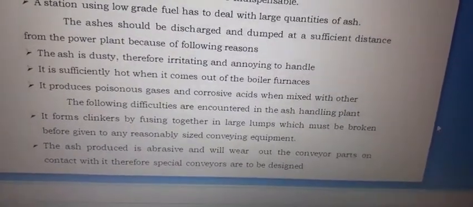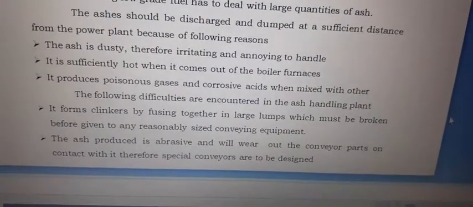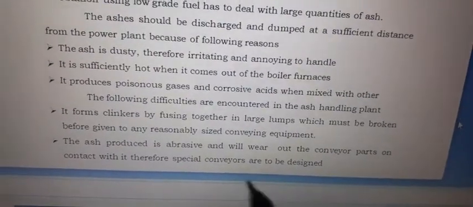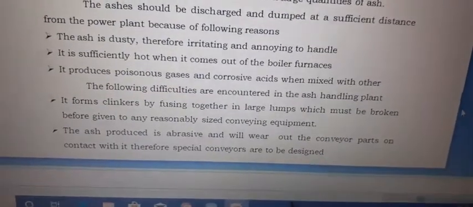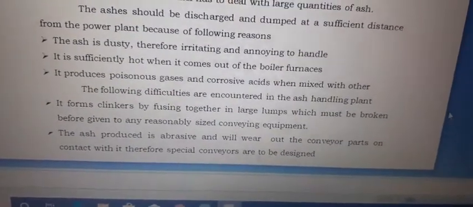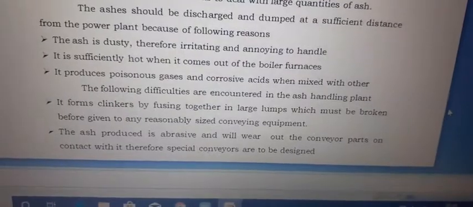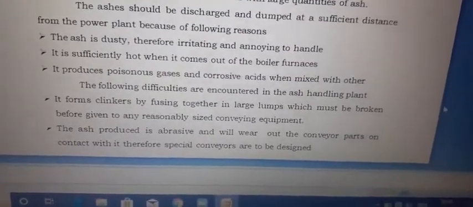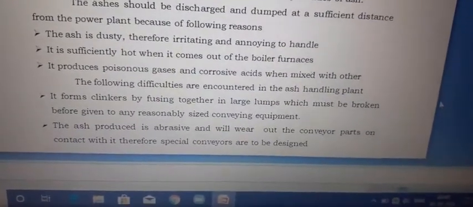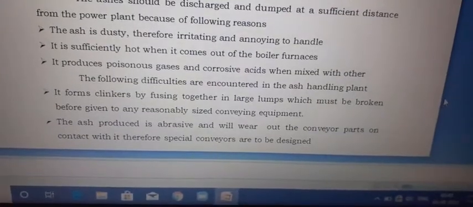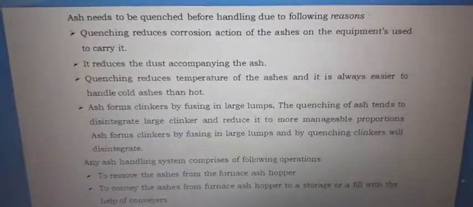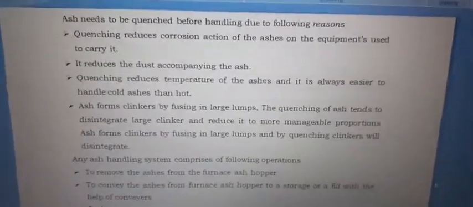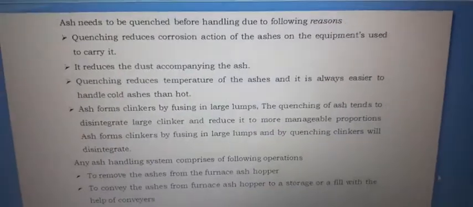The following difficulties are encountered in an ash handling plant: it forms clinkers by fusing together in large lumps, which must be broken before being given to any reasonably sized conveying equipment. The ash produced is abrasive and will wear out the conveyor parts. And ash needs to be quenched before handling for the following reasons.